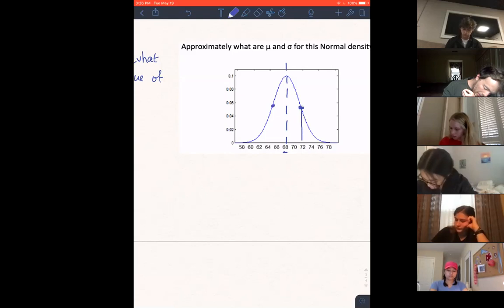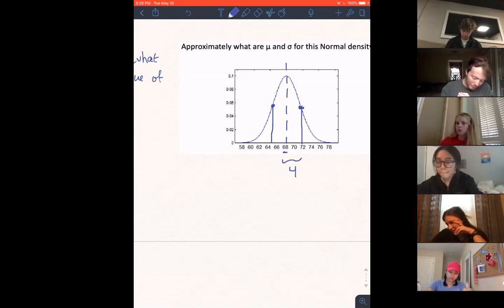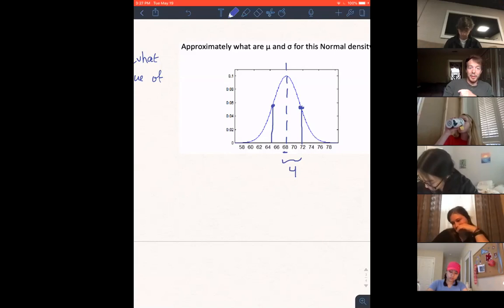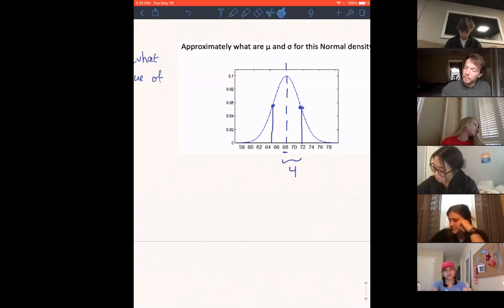And we know that the inflection points are about 1 standard deviation away. And it looks like between 68 and 72, that is about 4. So you are exactly right, Julian. Good work. So just looking at this normal distribution, we can get an idea of what the mean value is, 68, and what our standard deviation value is, which looks to be around 4. Very nice.